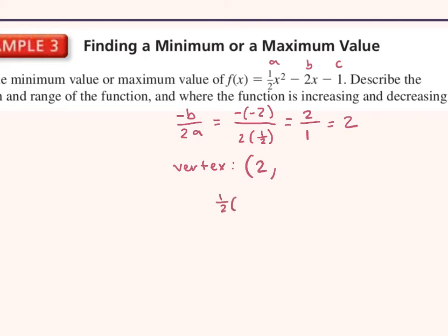So we have 1/2 times 2 squared minus 2 times 2 minus 1. So 2 squared would be 4 over 2 minus 4 minus 1. So this would be 2 minus 4 minus 1. So this would be -3.